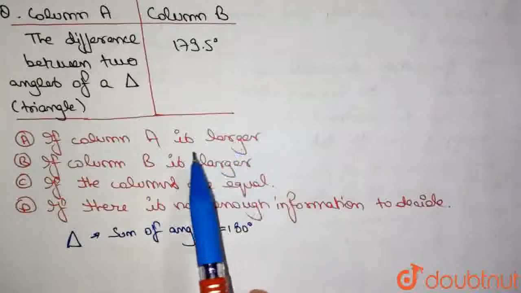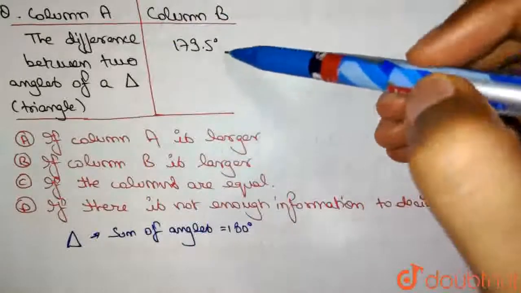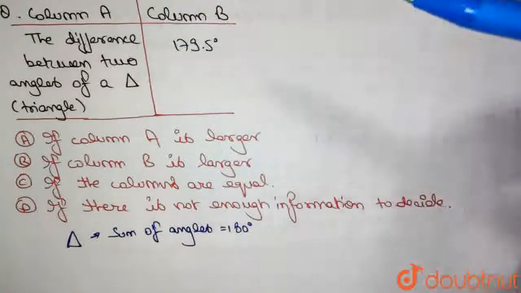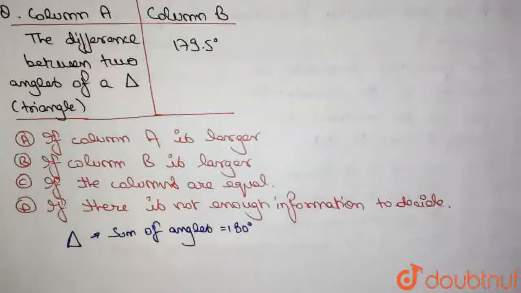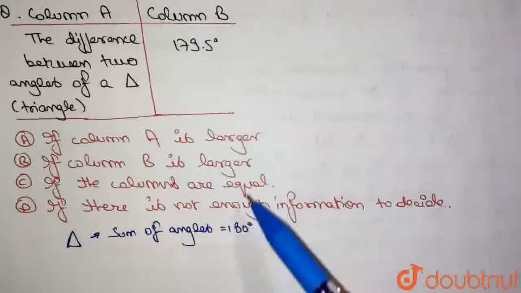If column A is larger, if B is larger, this difference is so huge, then we can mark option B, because this is a large value, almost as much as the sum of the angles of a triangle, which is 180 degrees. So the difference between any two of them is definitely going to be less than this value.